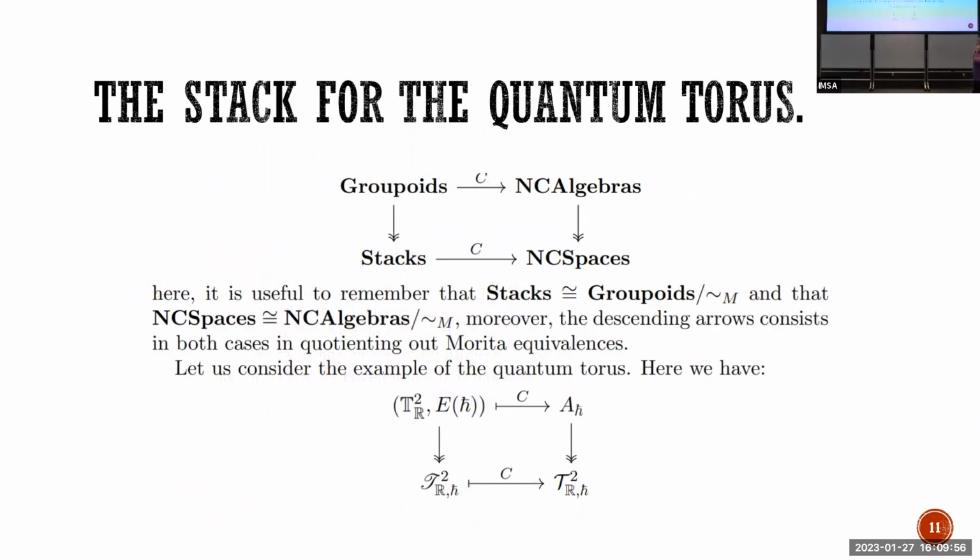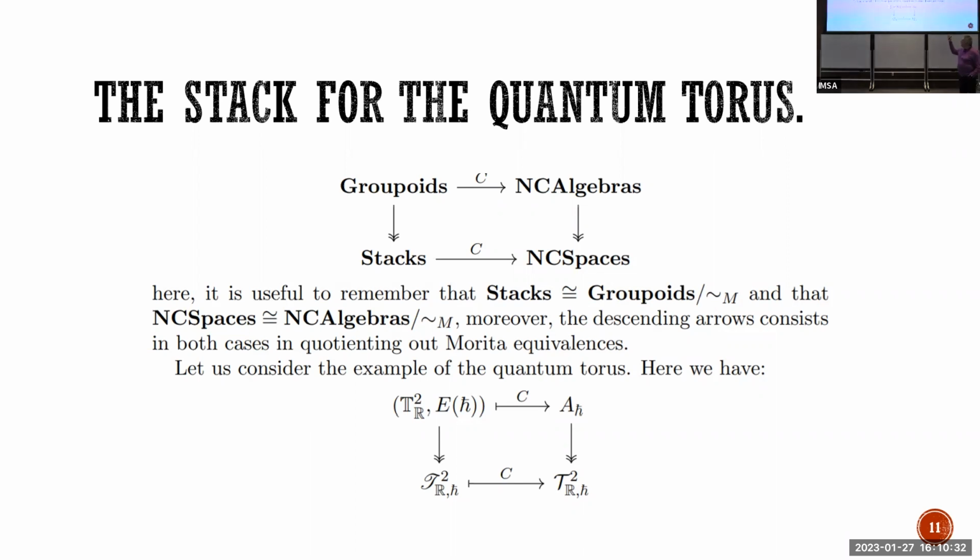So we have these four realizations of the quantum torus. We could take the torus acted on by the real line, and modulo compact operators on Hilbert space. This would give me this algebra realized as an algebra of operators on Hilbert space. Then we could also consider just the holonomy groupoid, and then we will need to stabilize by compact operators.